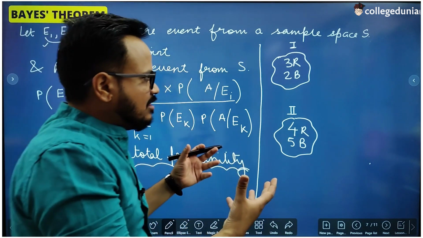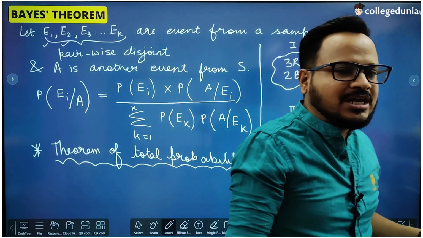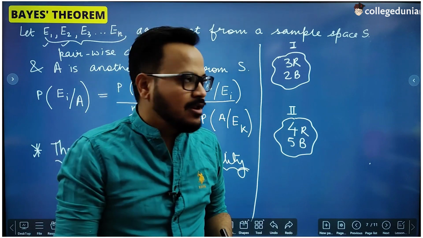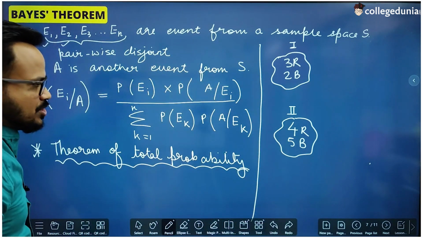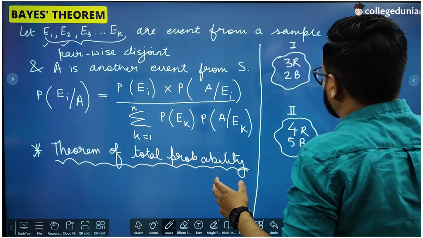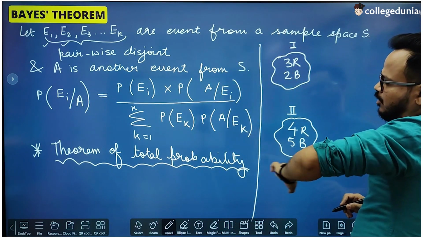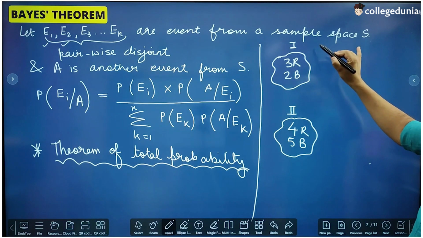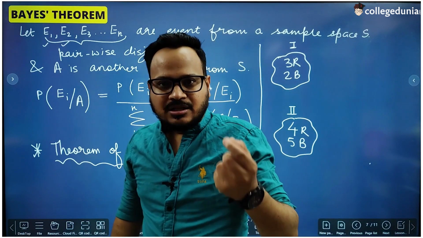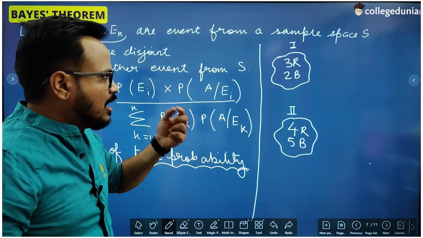So the question is like, find the probability of drawing a red ball from any of these bags, right? So when such a question comes, generally what kind of questions have we done in probability? We have not done any question in which two bags or more than two urns were given. There was only one bag.